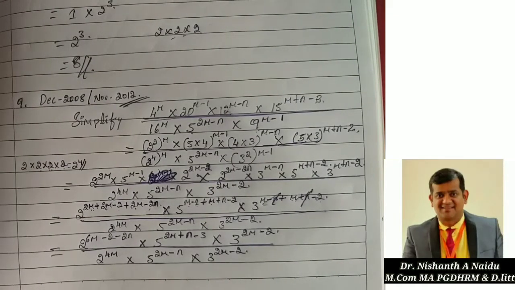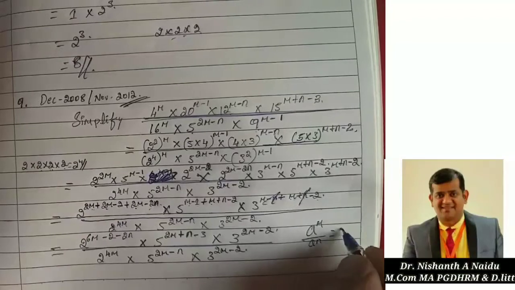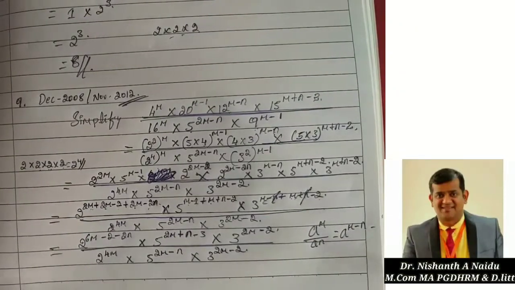So after this, now what we can do is, by applying a formula, that is law a to the power m divided by a to the power n, that is equals a to the power m minus n. So let us apply that law.